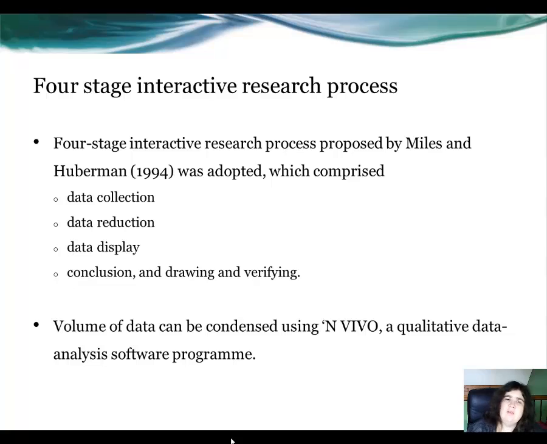So the next slide is looking at a 4-stage interactive research process, proposed by Miles and Huberman, 1994, which is based on data collection, data reduction, data display, and conclusion drawing and verifying the data. So in a sense, that's the stage in gathering your qualitative research.